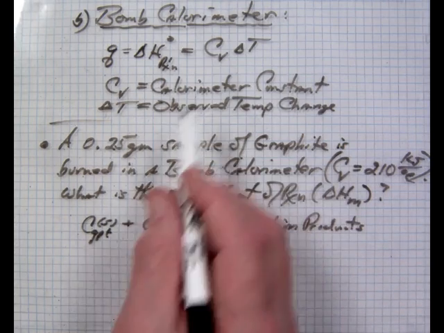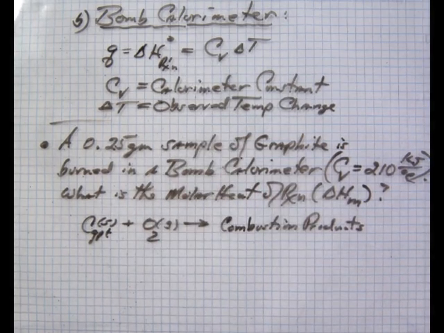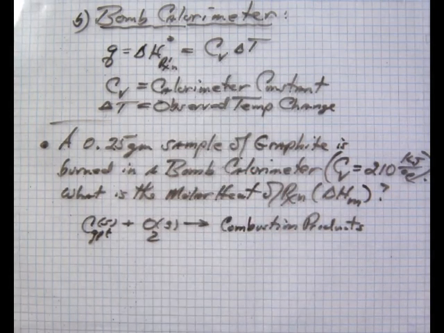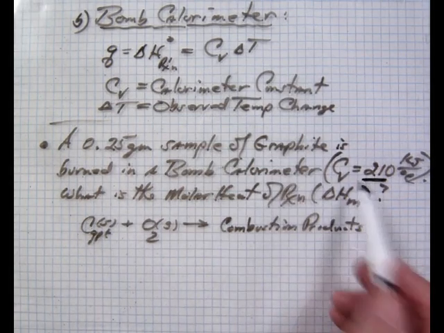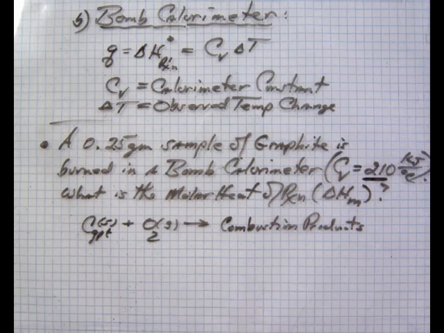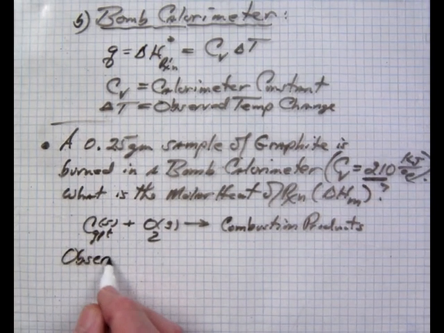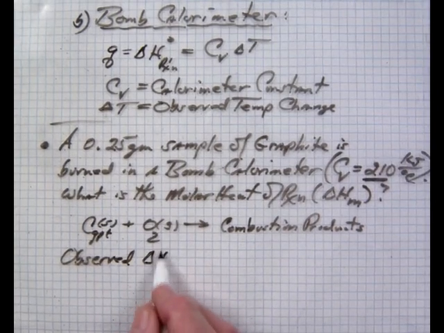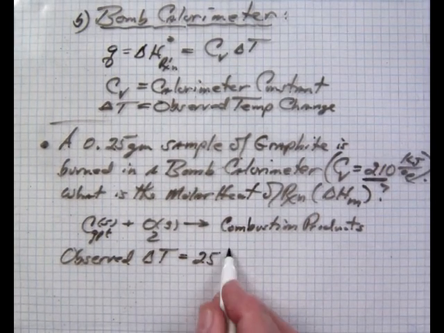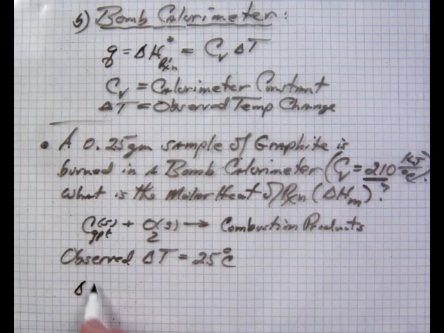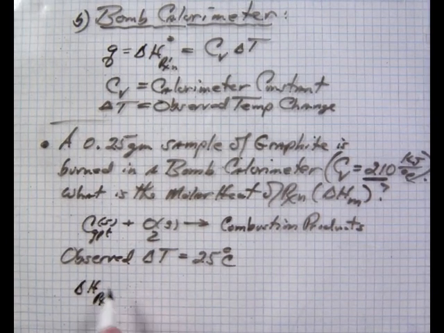Okay, so it's the combustion, the bomb calorimeter equation that calculates your heat of reaction, and you're given the calorimeter constant. Now let's say, I forgot to put temperature change. Let's say observed delta T is 25 degrees C. So that makes it pretty straightforward in terms of just calculating the delta H of reaction.